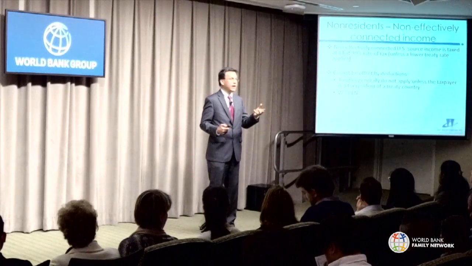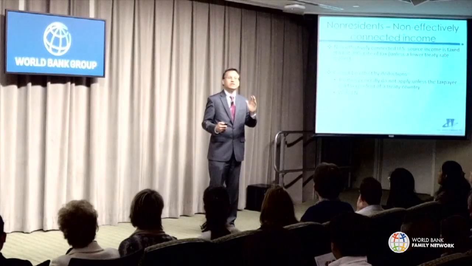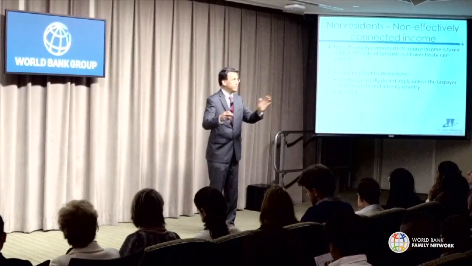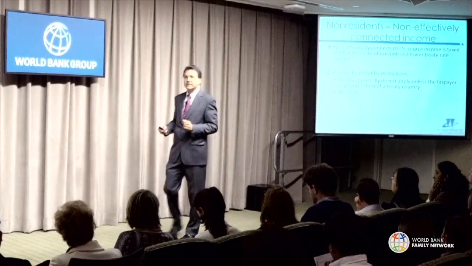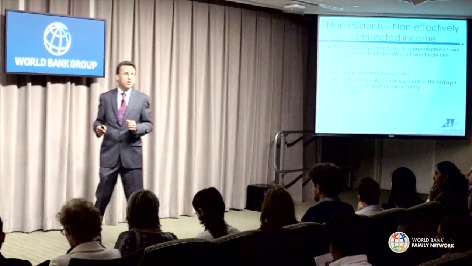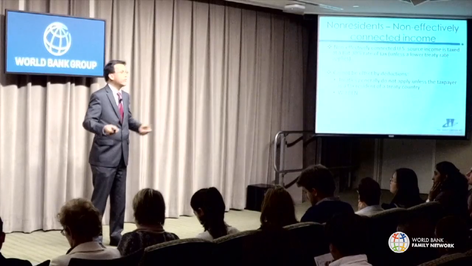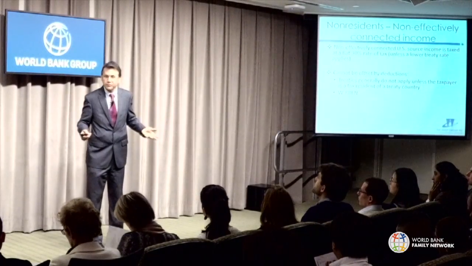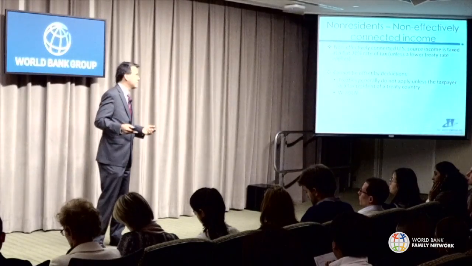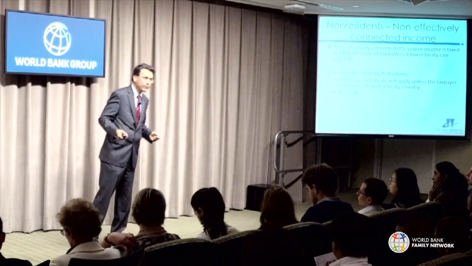The first form is the W8BEN, which is for non-residents, almost everybody here. The other form that they may give you is a W9 form. The W9 form, when you sign up with a financial institution in the U.S., is for only U.S. people who are tax residents of the U.S., almost none of you here.